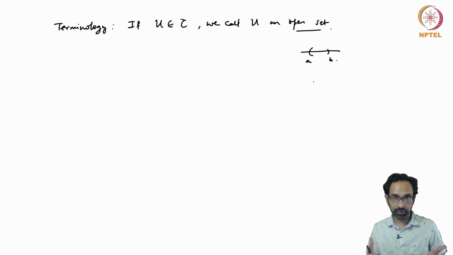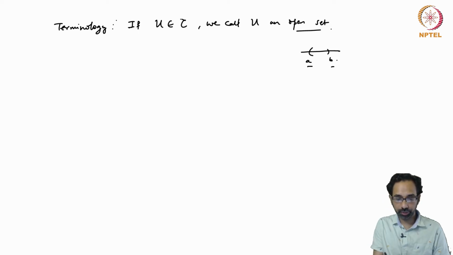As we will see later on, we can define a topology on the set of real numbers for which these open intervals are exactly the open sets. So this terminology is coming from the set of real numbers.